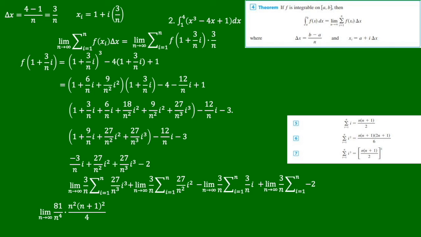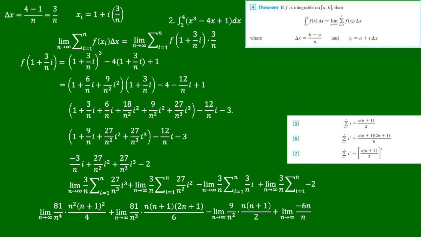So that first summation, you have i cubed on the inside of the summation, and then you have 81 over n to the power 4 on the outside. Then for the second part, you factor out the 27 over n squared. That's how you get 81 over n cubed. And then i squared is just number 6. And then you're going to subtract and then add.